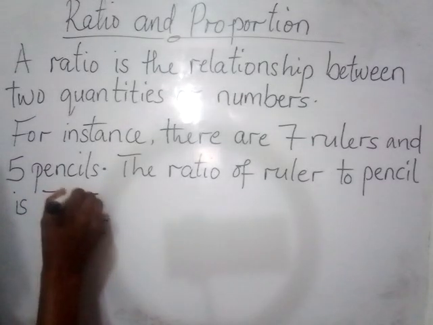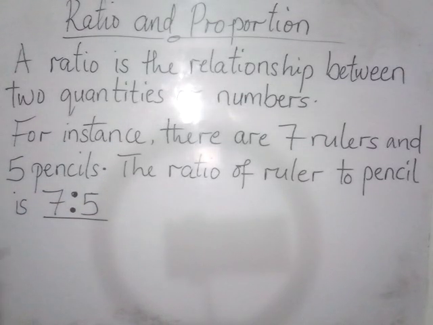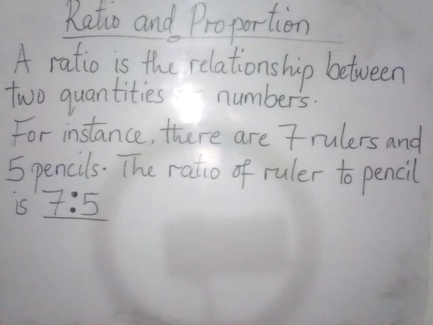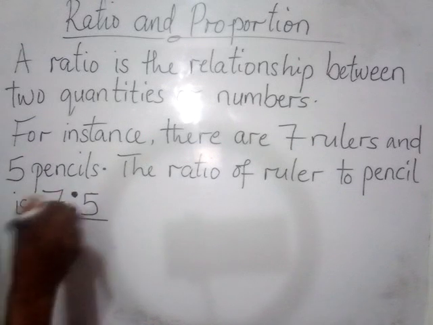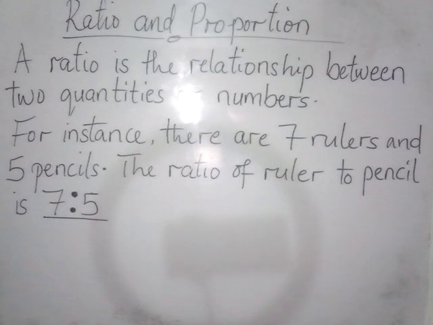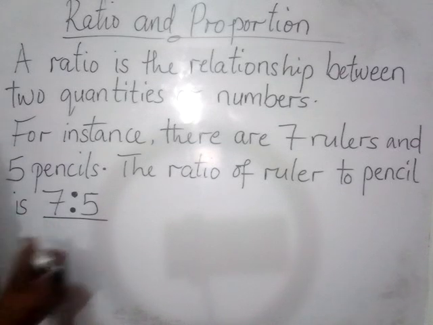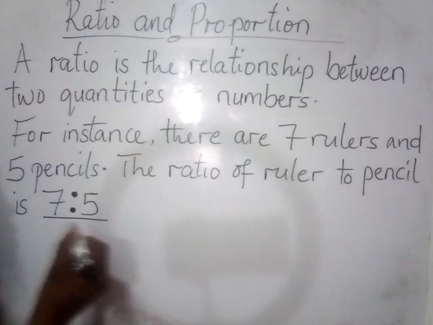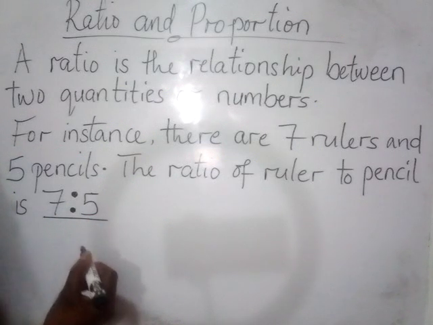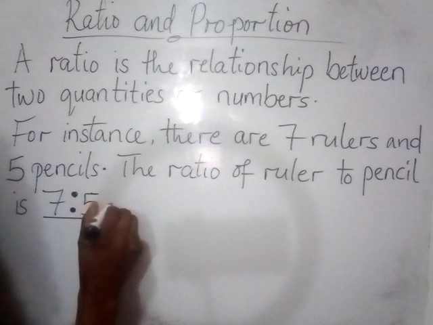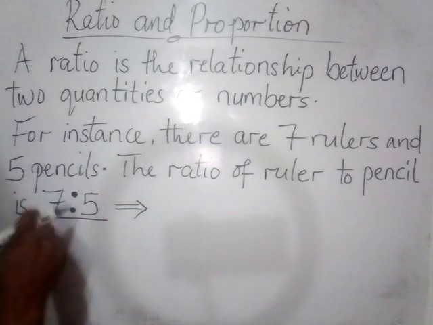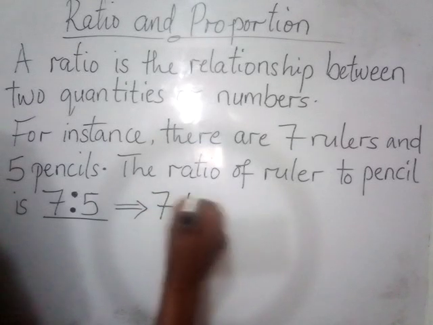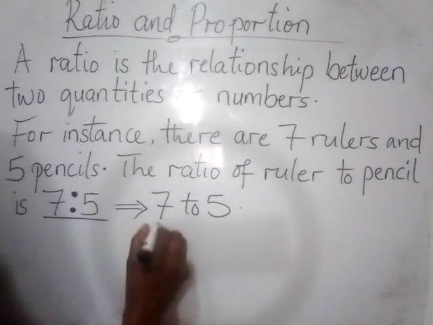When you are writing ratio, you use the colon symbol, two dots, in the middle of the two numbers you are comparing, and it is read as "to". So 7 to 5 can also be written like this. They mean the same thing.